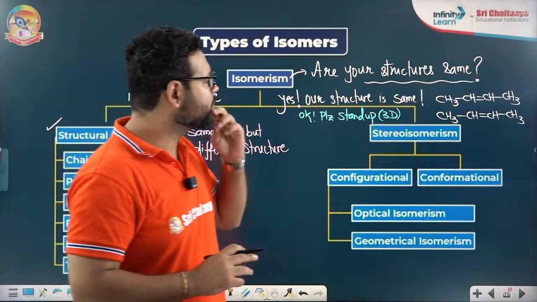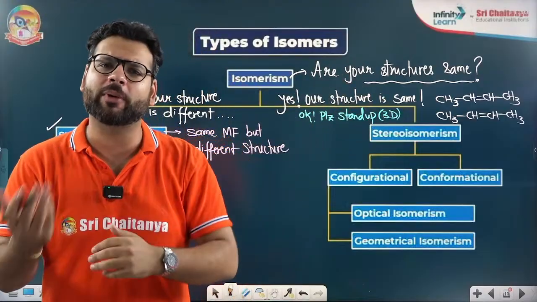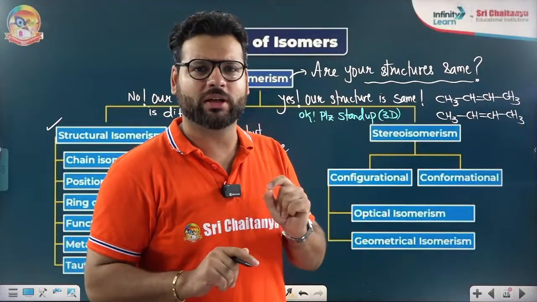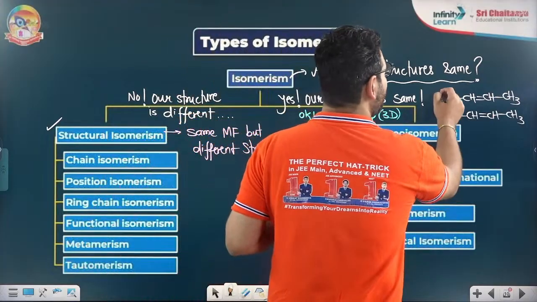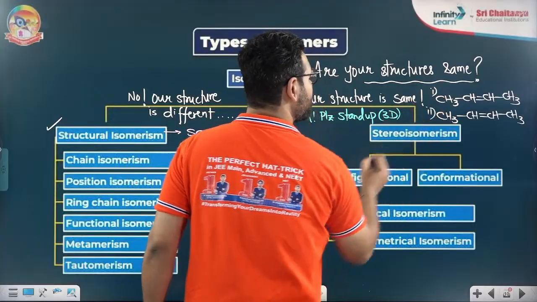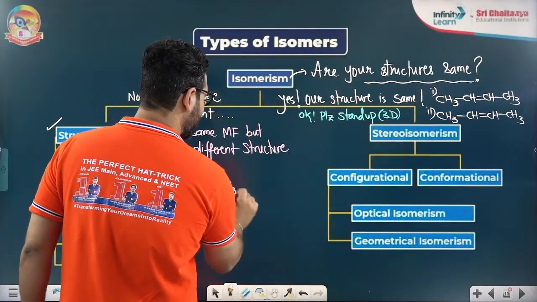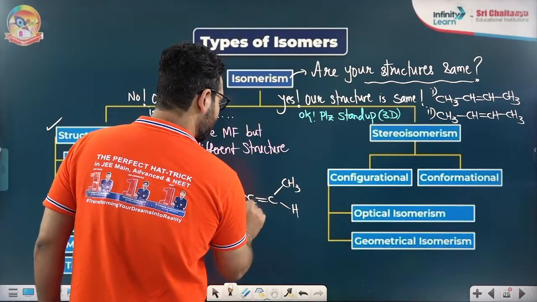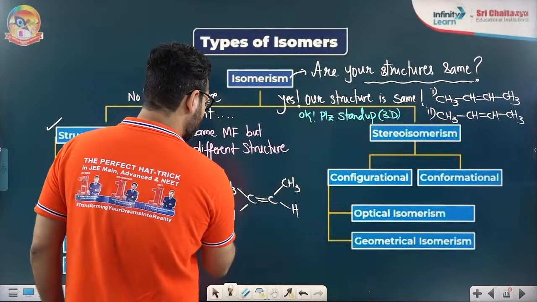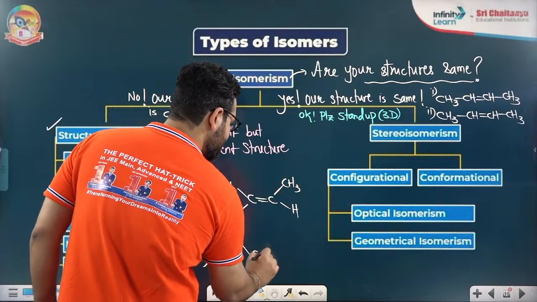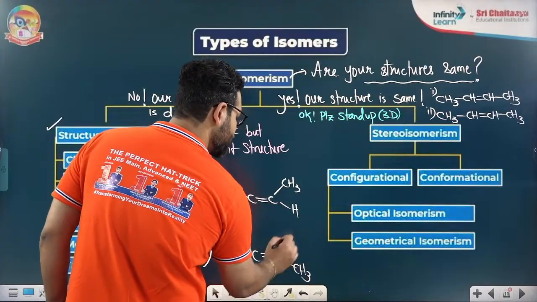Then how do two compounds with the same structure have different properties? It means they are not the same compound. They are different compounds, isomers. When the first one stood up, it was a cis isomer, meaning both methyls were on the same side of the plane. When the second one stood up, the two methyls were arranged opposite to each other.